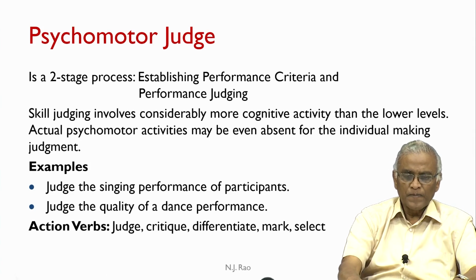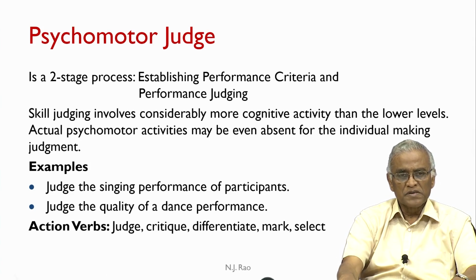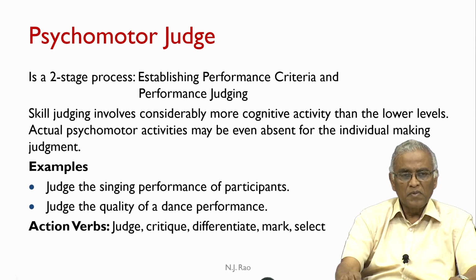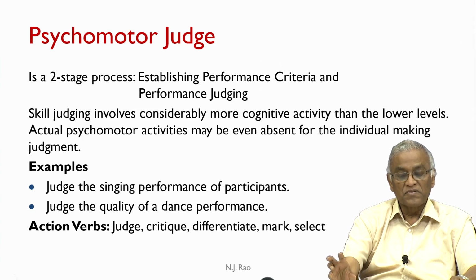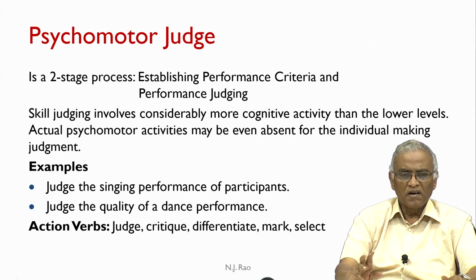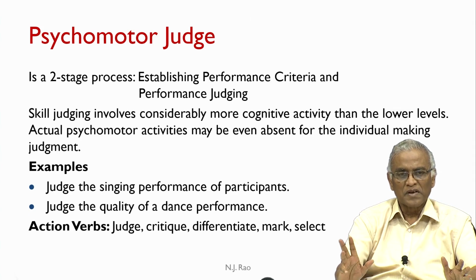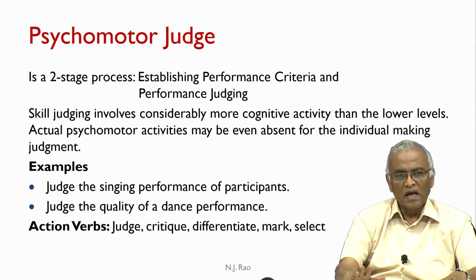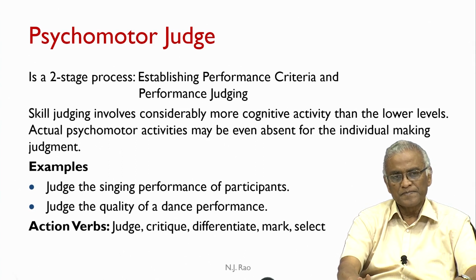But as you can see, especially in Olympic type of performances like gymnastics and so on, the marks given by multiple judges, 5 to 7 judges, do not differ, they differ only sometimes at the second decimal place or at the first decimal place. That means all of them are able to judge the performance very, very accurately, and that cannot be done by anyone and everyone unless you are really trained in that.